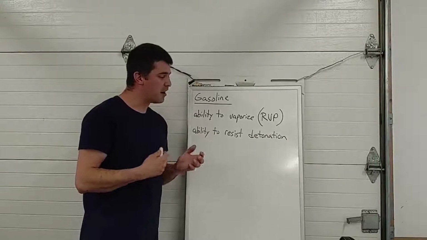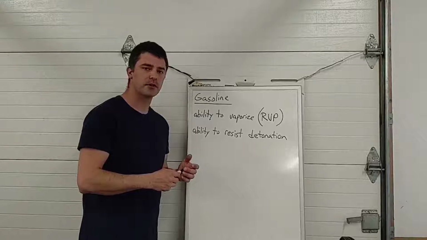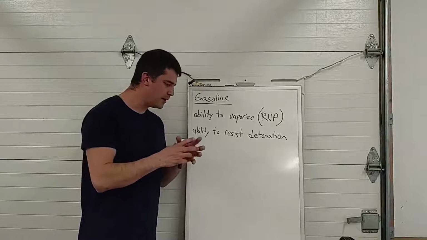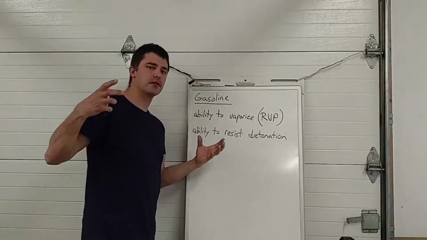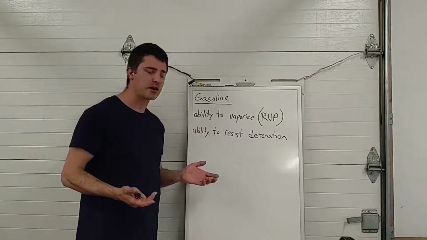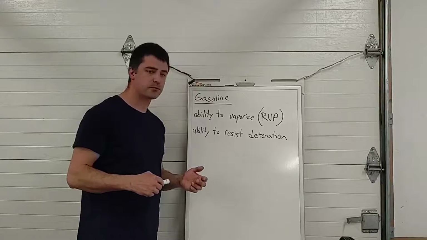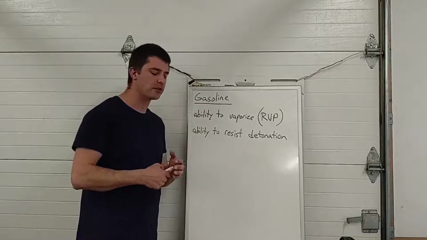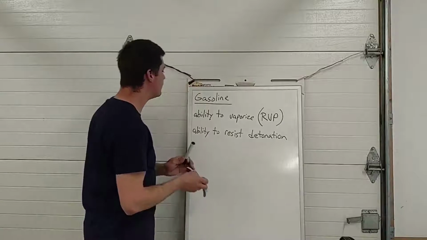Detonation is an uncontrolled form of combustion in the combustion chamber where the gasoline doesn't burn evenly and steadily. It's more of a violent, rapid, almost like an explosion, and it's bad for the engine. It makes a knocking sound and it creates pressure waves and pressure spikes inside the cylinder. So we want to avoid that.